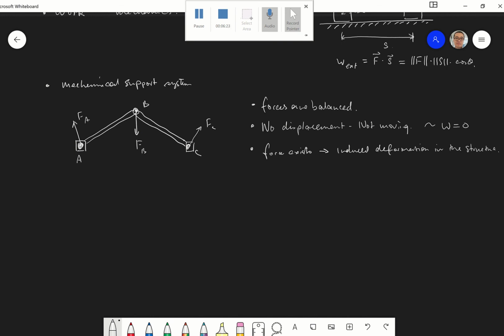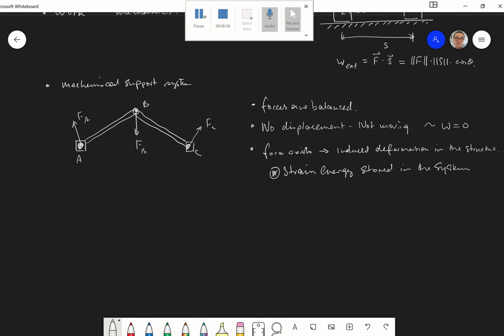right? So the energy given by the external forces applied to this element is inducing some sort of deformation in the system. So there is some elastic or strain energy stored in the system, right?